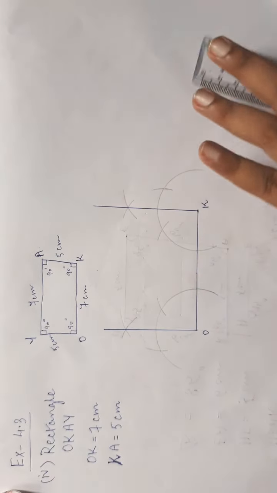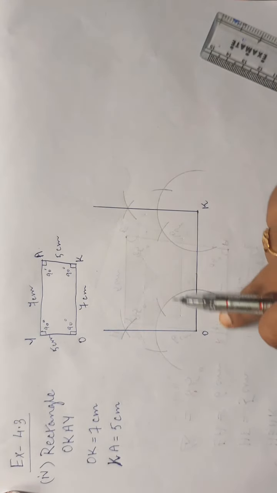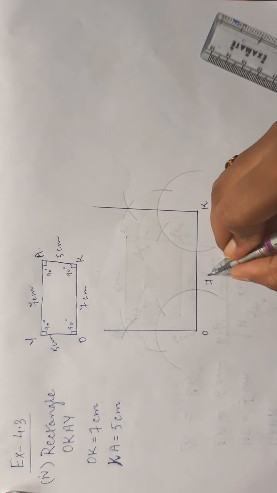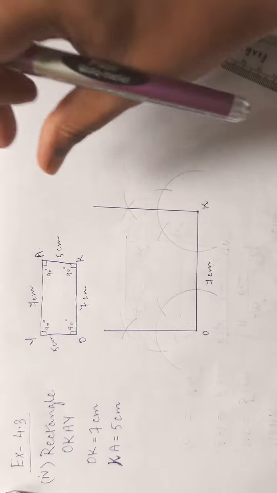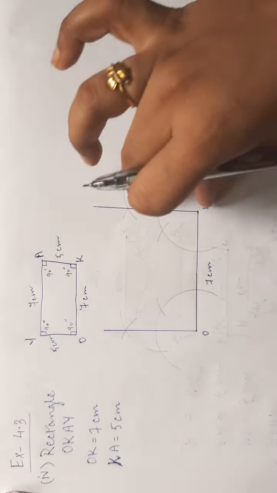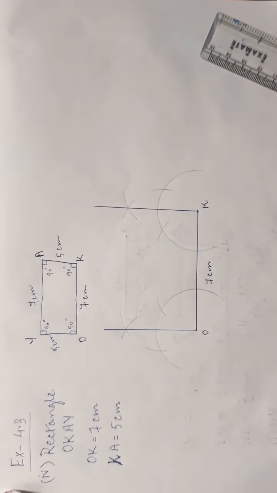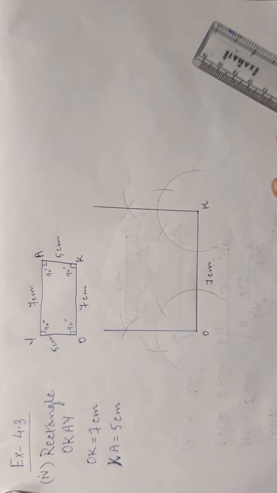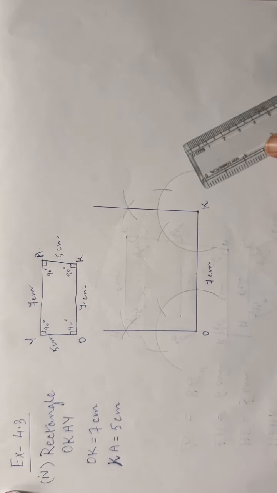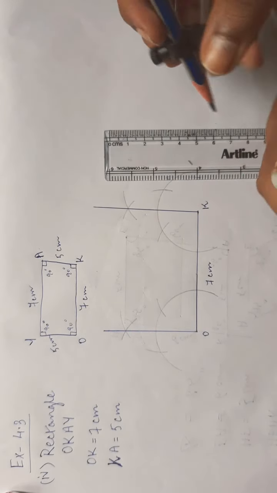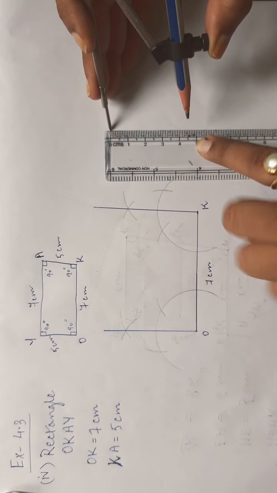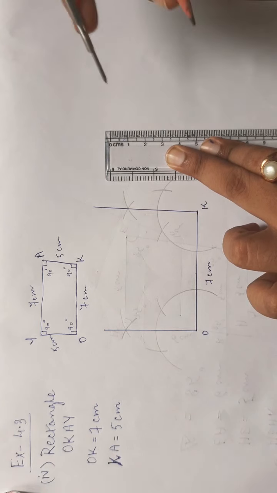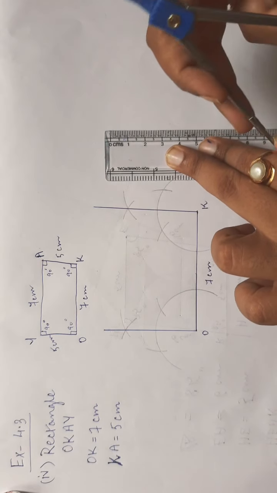We have joined. Now children, OK is 7 centimeter, KA 5, OY 5. So KA will be here, OY will be here. So we will now take measurement. 5 centimeter measurement we will take in this way with the help of a compass. We need more.